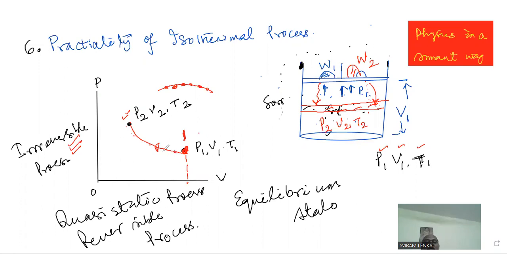A path consists of many points. That is a reversible process, not an irreversible process.